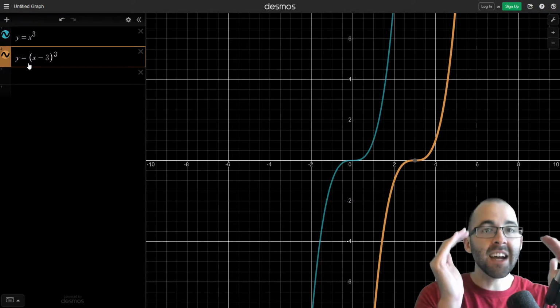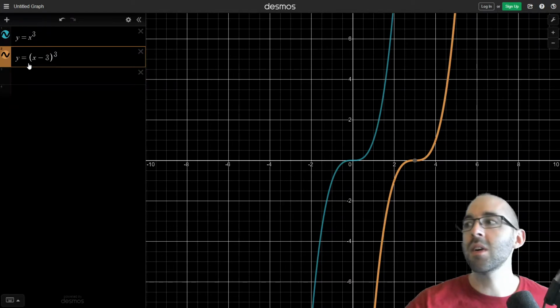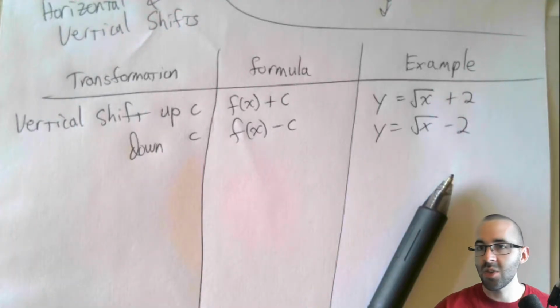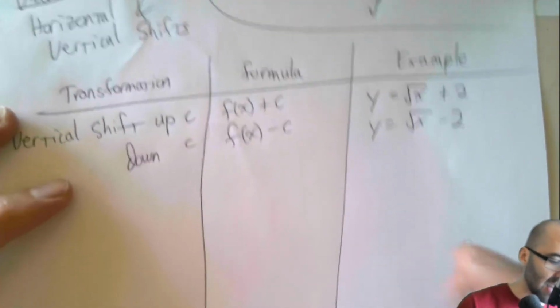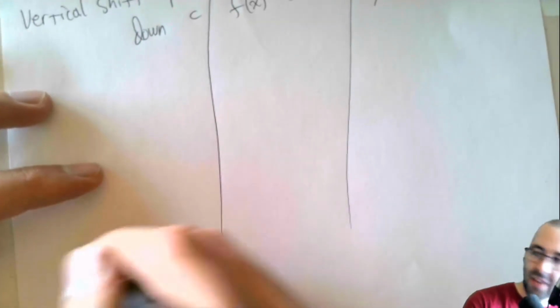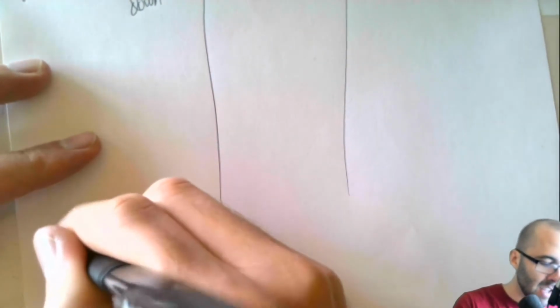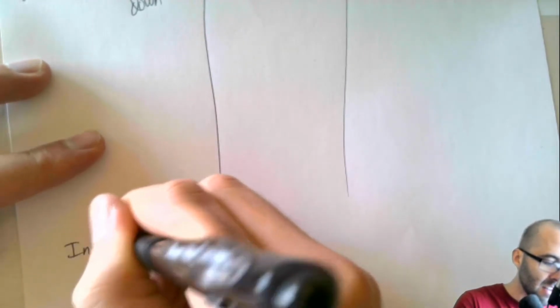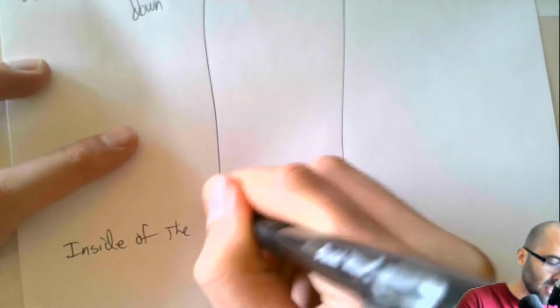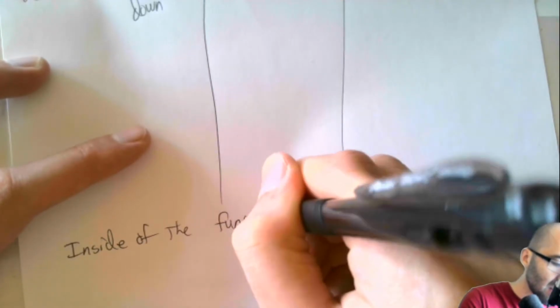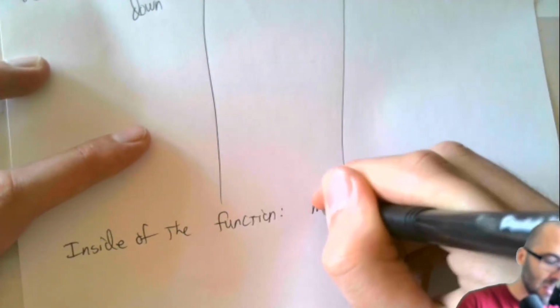Anything you do on the inside of the function is going to work sort of backwards to what you might expect. Okay? Maybe you write it at the bottom of the table here in your notes, but inside of the function a lot of times means horizontal.